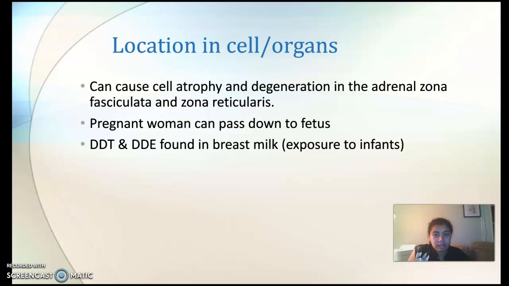It can cause cell atrophy and degeneration in the adrenal zona fasciculata and zona reticularis.